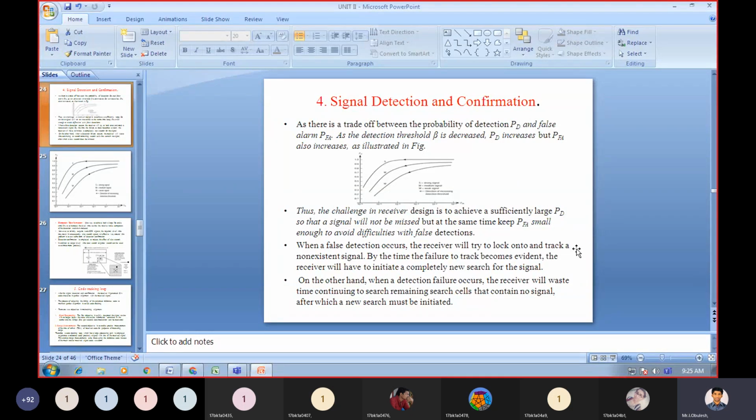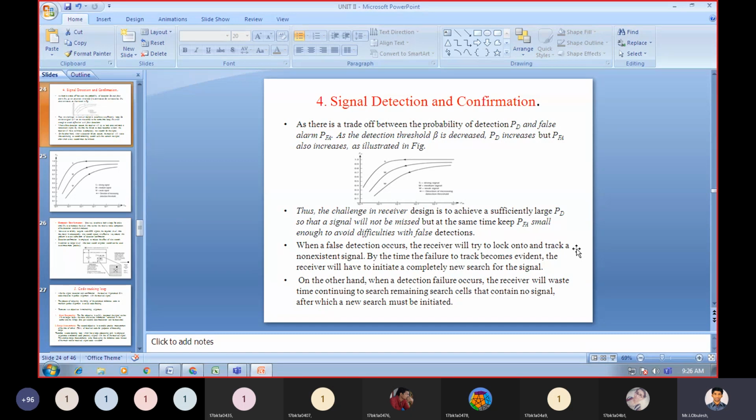When a false detection occurs, the receiver will try to lock on to and track a non-existent signal.